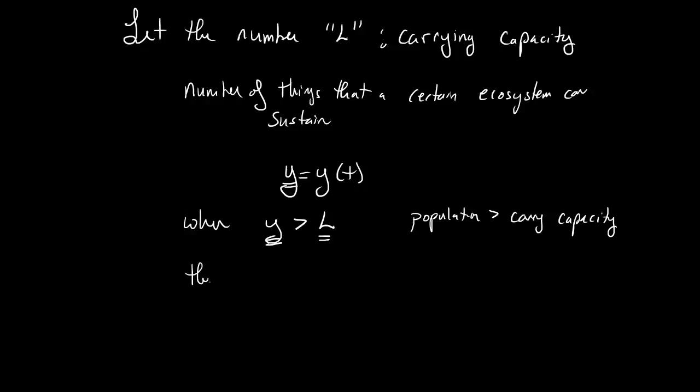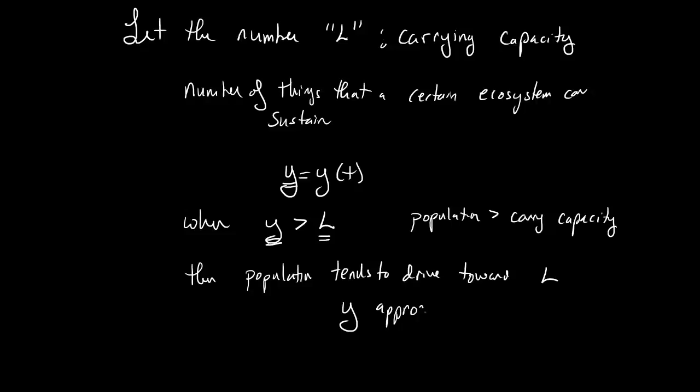Then the population tends to drive toward L. So y starts approximating, or gravitating, to that value of L. Usually y is going to decrease. So we're going to see some of our population drop off. That's when the population exceeds the carrying capacity.